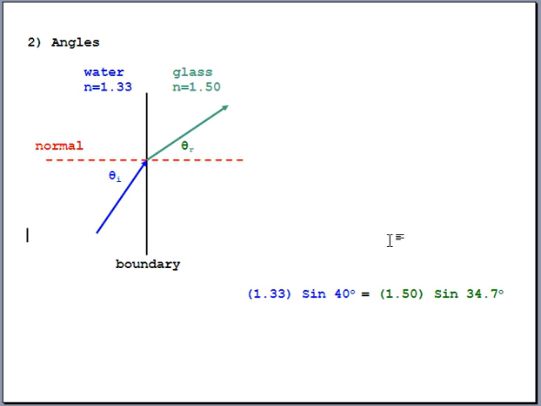Now, if all I did was tell you that the light goes in and it all goes through and bends, I would be lying to you. I mean, that's the thing we're trying to look at today, but it doesn't entirely do that. A portion of the energy, a fraction of the energy, when it gets to this boundary, will actually reflect off, much like a mirror. And so to be truthful, I probably should add in another little ray here.